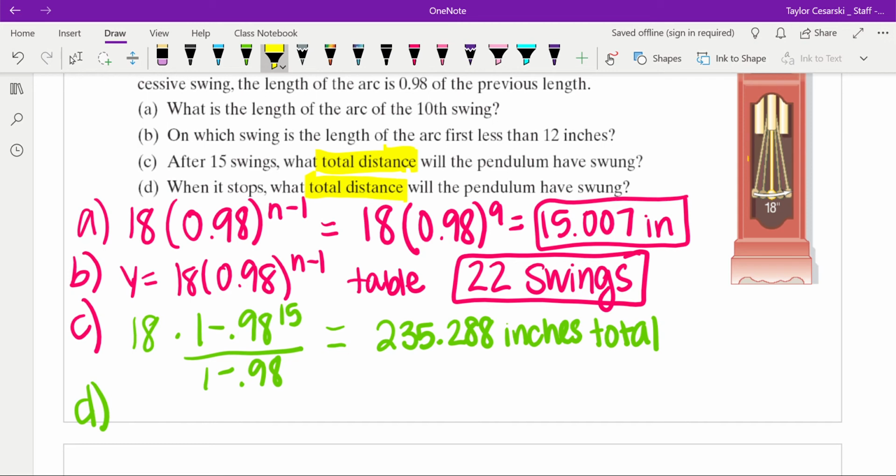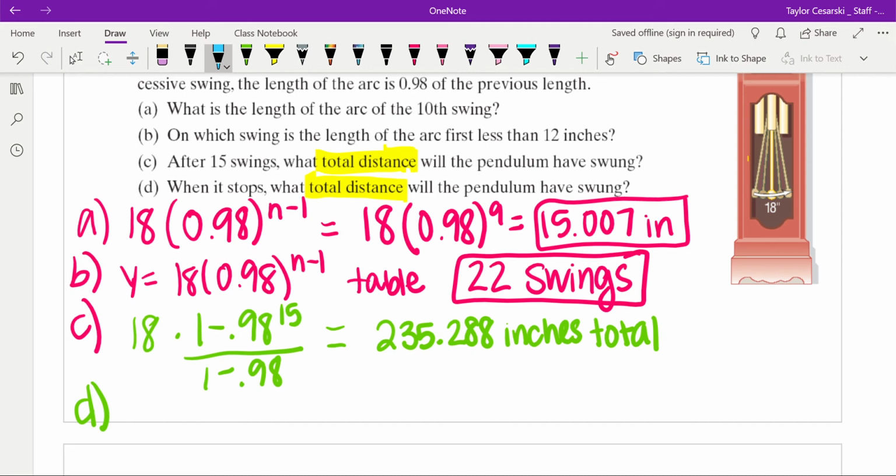Okay, so it's kind of weird, but it is going to stop, but it's going on 0.98 every single time, so it's going to keep going and going. The distance is an infinite sequence, because it's always 0.98 of the previous length. So even if it's 1 inch, it's 0.98 inches, and then less than that, and less than that, and we don't know what that technically is.